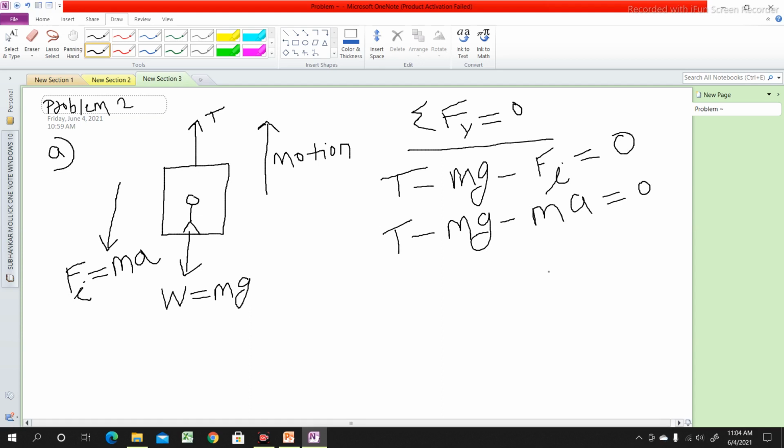Okay, minus mg and minus ma, let us bring them to the right hand side. The equation will be T is equal to mg plus ma, or I can write T is equal to m, common in bracket, g plus a.